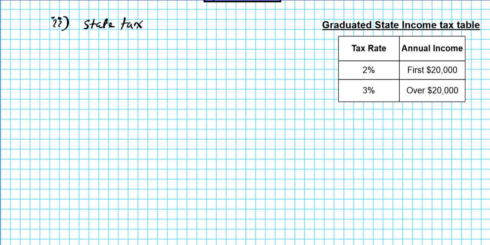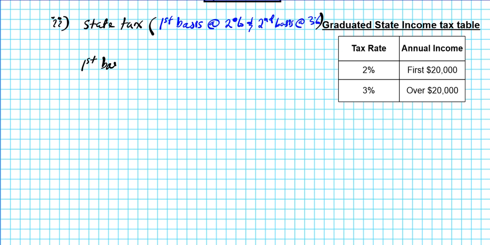Okay, so let's indicate that in our setup. We have two bases here. The first basis is at 2% and the second basis is at 3%. Okay? Now let's start by computing the first basis.